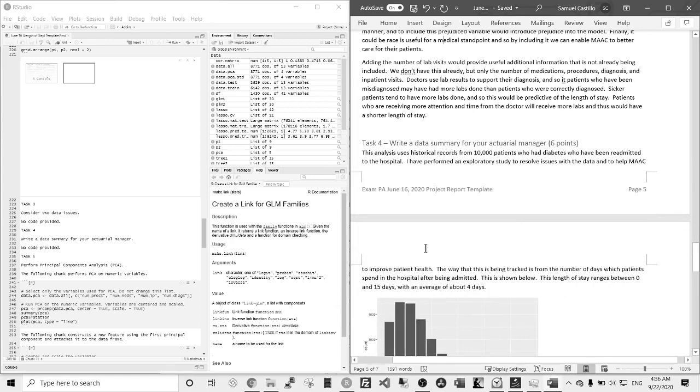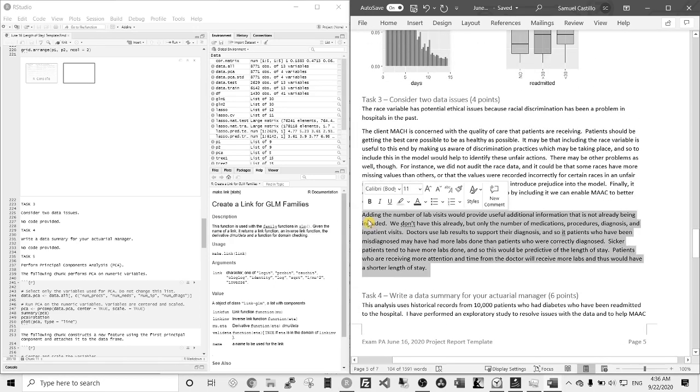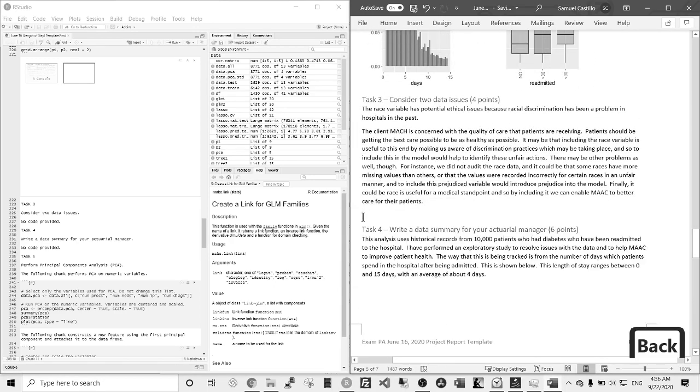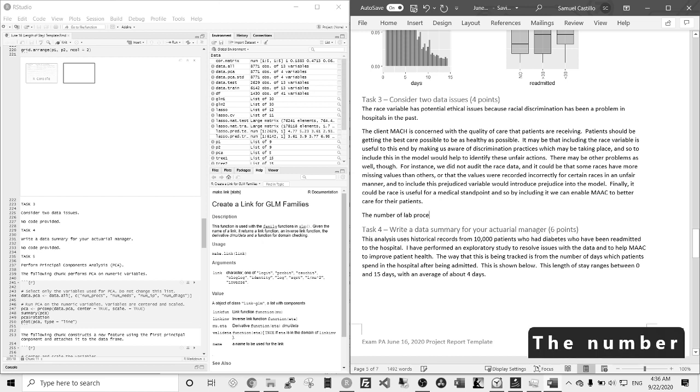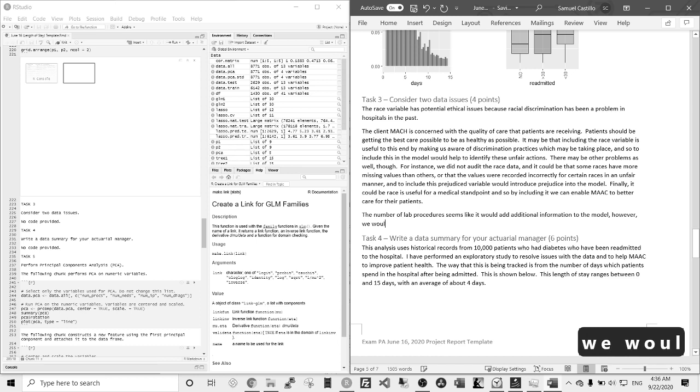So let's just write that quickly. So I would say, first of all, the number of lab procedures seems like it would add additional information to the model. However, we wouldn't have this information until after a patient has stayed at the hospital, and so could not use it.